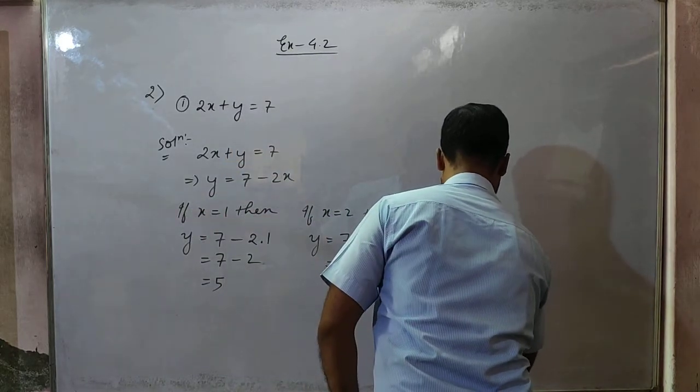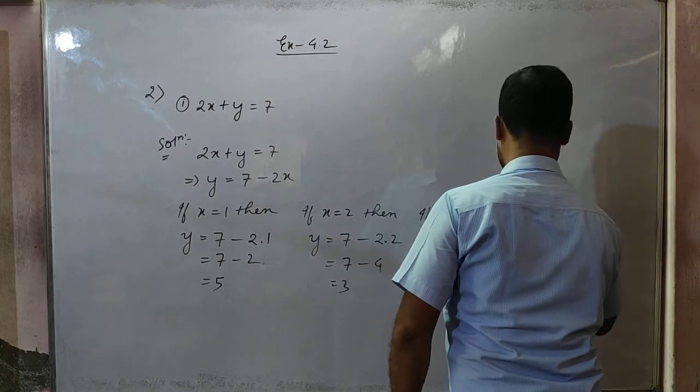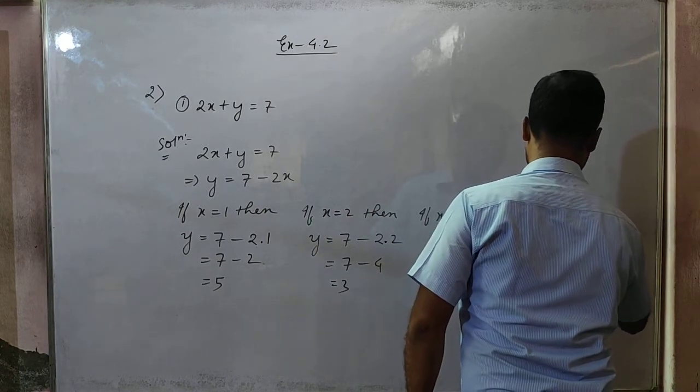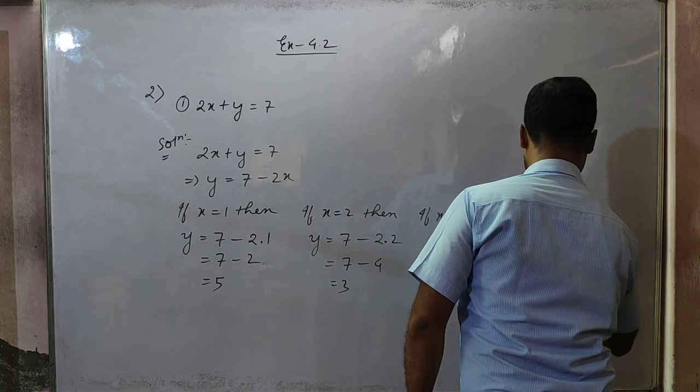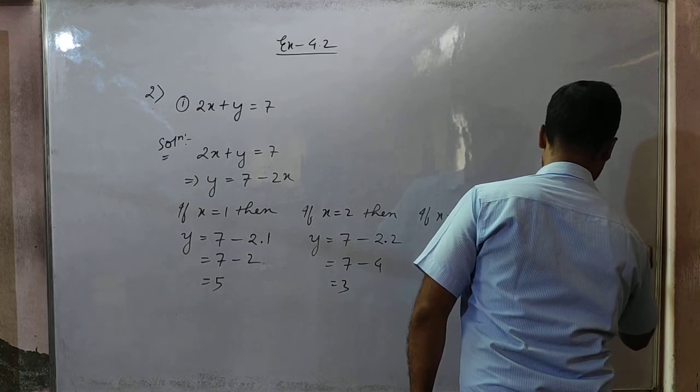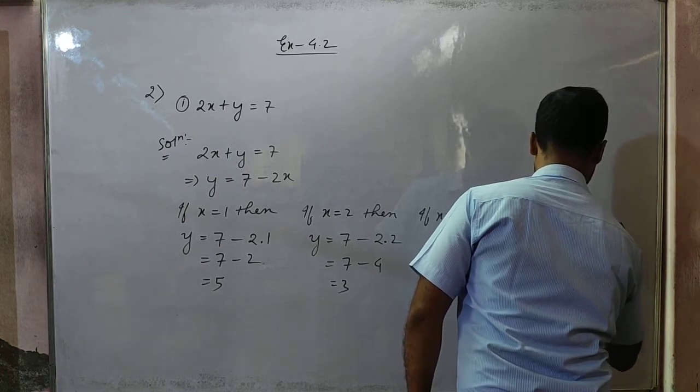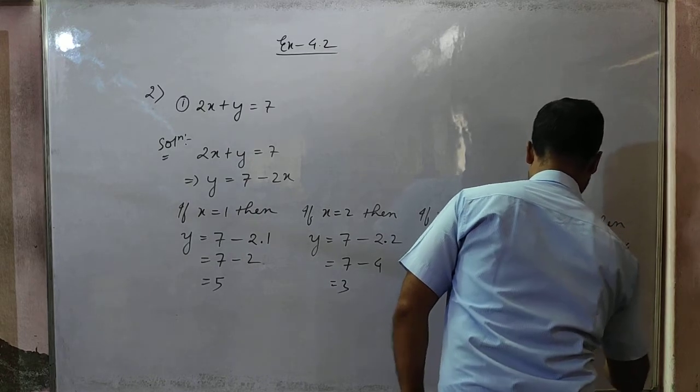7 minus 6, that is 1. If x is equal to 4, then y is equal to 7 minus 2 into 4. So 7 minus 8 is equal to minus 1.